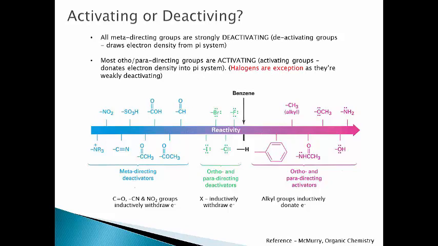Things that are activating are pushing electrons onto the benzene ring, so there's more electron density available to go and attack that electrophile. So that's our two kind of differences. We've got deactivators and activators, and the deactivators generally are meta-directing, whereas the activators are generally ortho-para-directing.